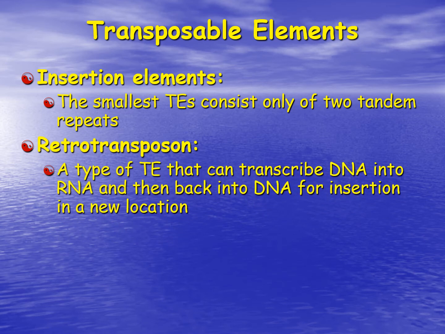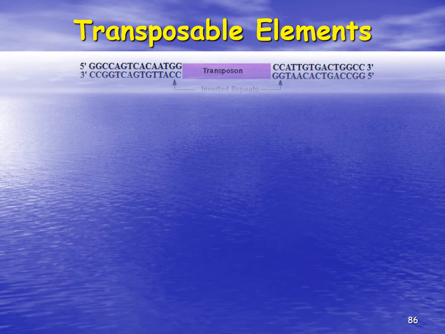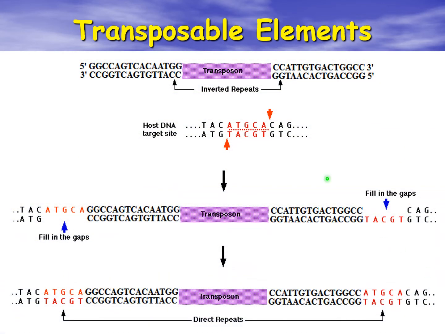Retrotransposons are a type of transposon that can transcribe DNA into RNA and then back into DNA for insertion into a new location. Other transposons contain genes that code for antibiotic or toxin production or even resistance to something. So here's an example.